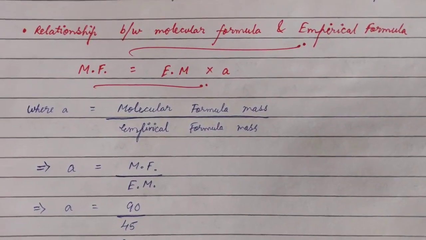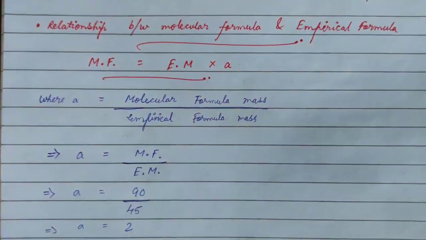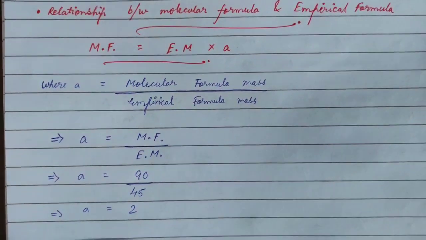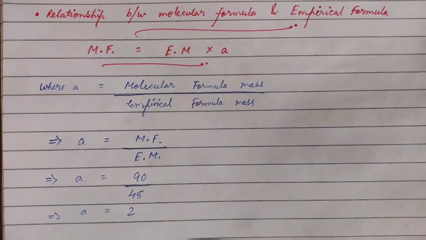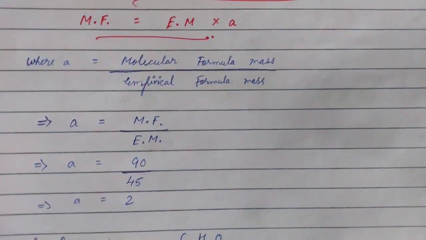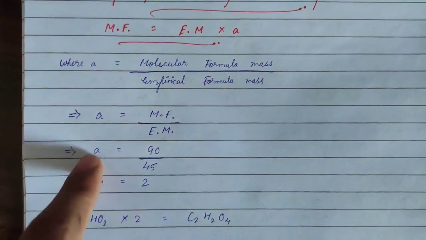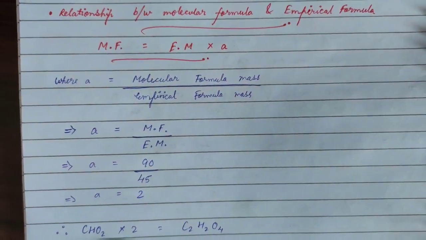Now next thing that comes is the relationship between molecular formula and empirical formula. Molecular formula is equal to empirical formula into A, where A is the molecular formula mass divided by empirical formula mass. So we get the equation A equals molecular formula mass divided by empirical formula mass.